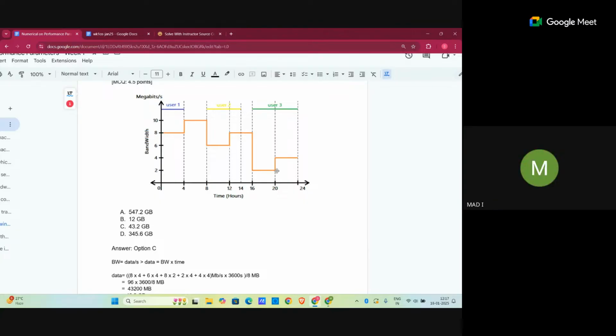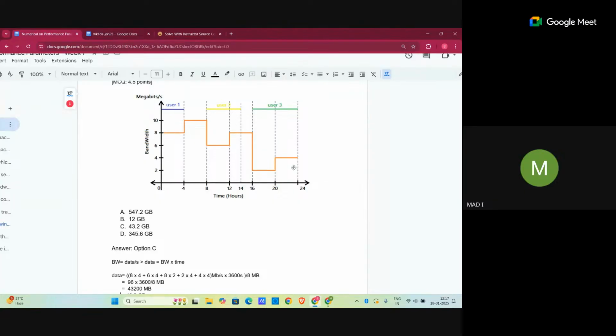Don't focus over here. Here the bandwidth is 4 and not 4 minus 2. For the duration you will have to calculate. How will we calculate this width? It will be 24 minus 20, right? For simplicity I will take user 1. Here the bandwidth was 8, and if you want to calculate this duration, it will be 4 minus 0.